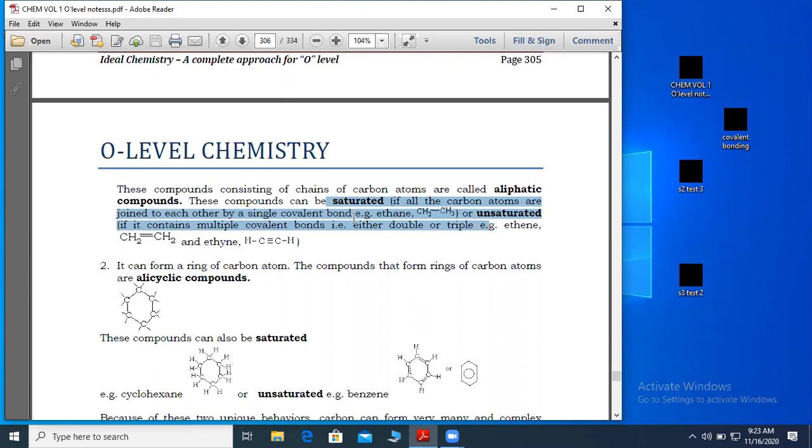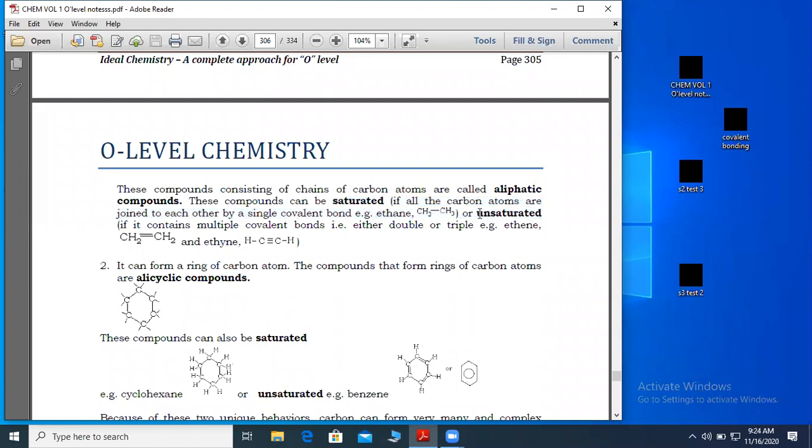So, what is a saturated organic compound? A saturated organic compound is the one where carbon atoms are joined to each other by using a single bond. It doesn't matter what element is attached to carbon, but as long as the carbon atoms are joined to each other by single bonds, that compound is going to be saturated.